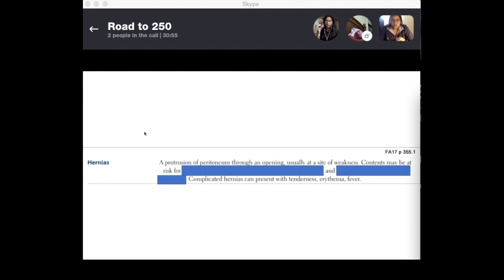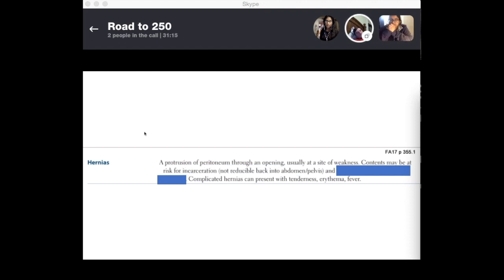The contents of what is being protruded through the opening are at risk for what? Is it incarceration, strangulation, and necrosis? Yes.